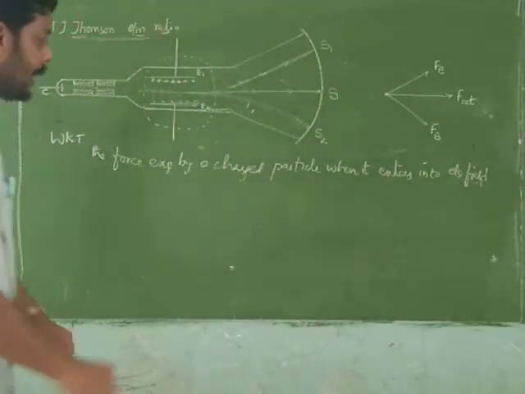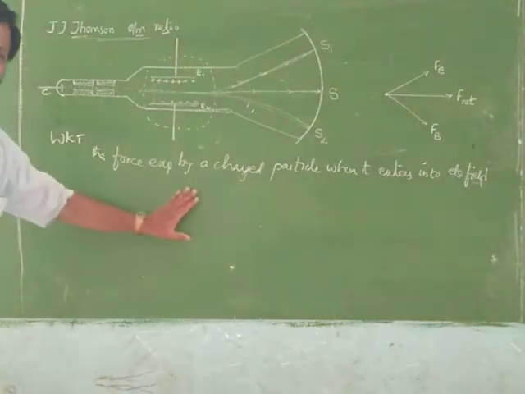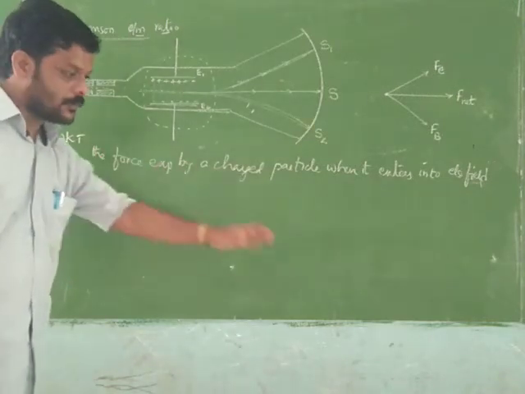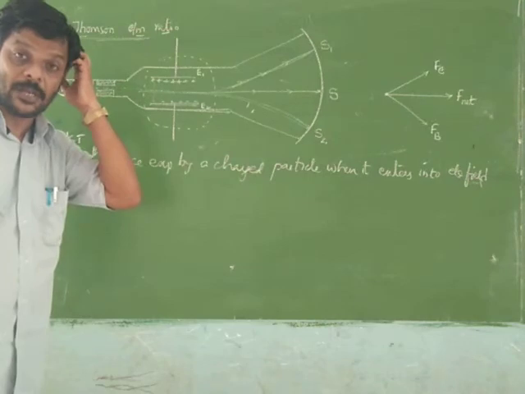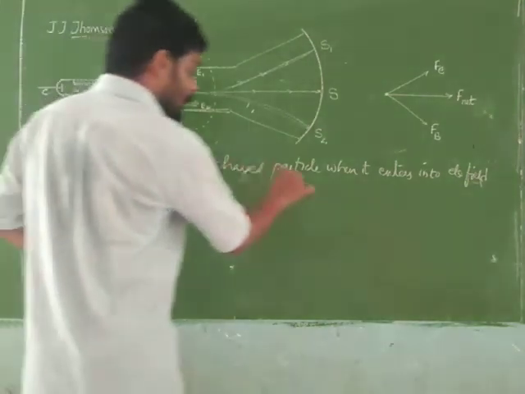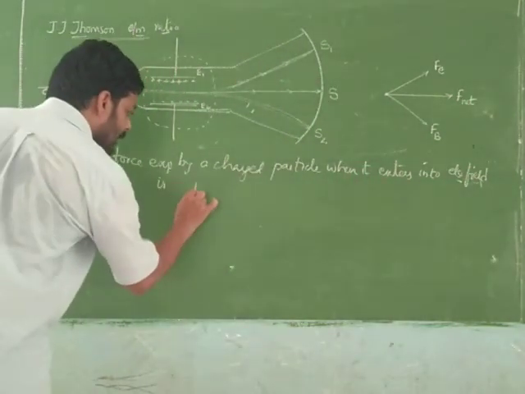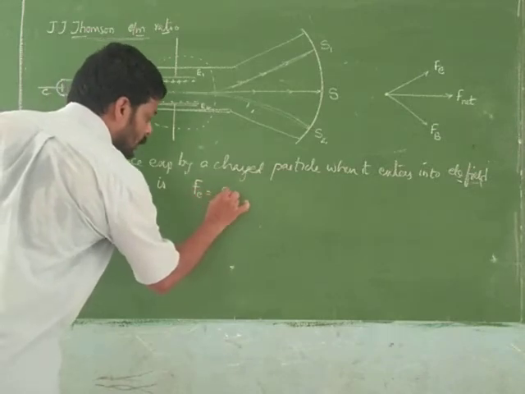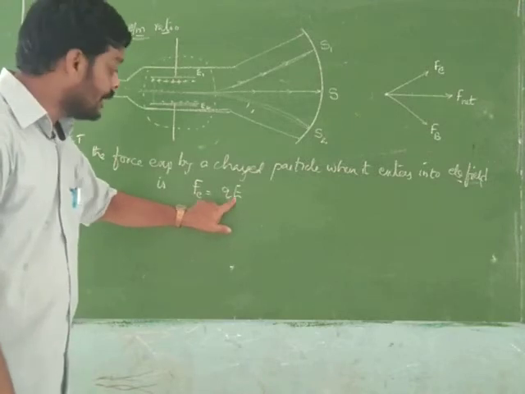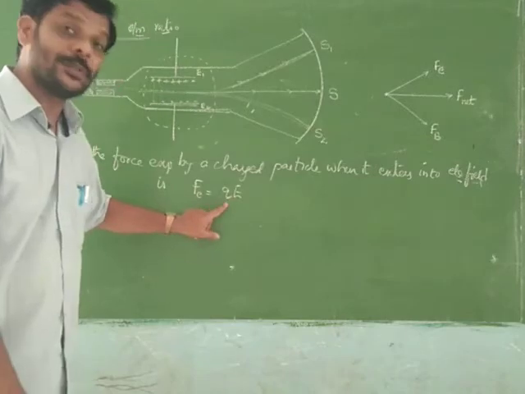We will write 2-3 formulas; just take them for granted right now. Actually, modern physics comes in 12th, chapter 13, so we assume you already know. Okay, right. So the force experienced by a charged particle when it enters into the electric field is Fe equals Q into E, where Q is the charge of the particle and E is the electric field intensity.